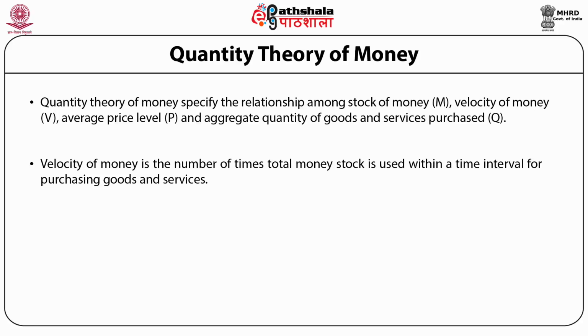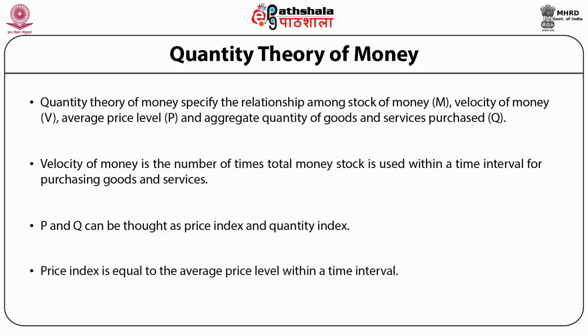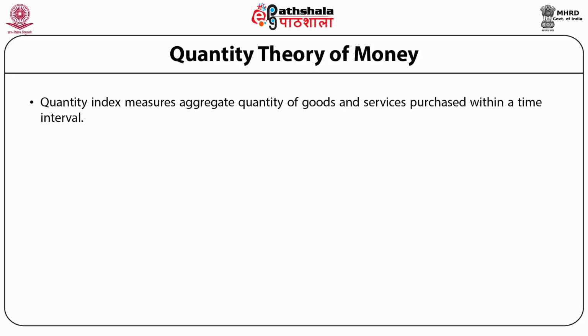For example, V is 4 if total money stock M is used 4 times in a time interval. P and Q can be thought of as price index and quantity index. Price index is equal to average price level within a time interval, similar to the one discussed in the previous section. However, quantity index measures aggregate quantity of goods and services purchased within a time interval.